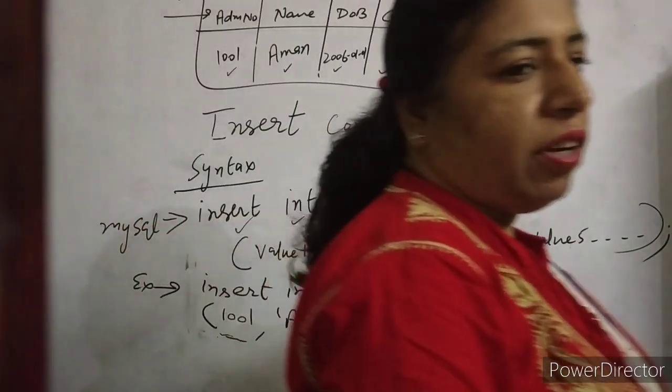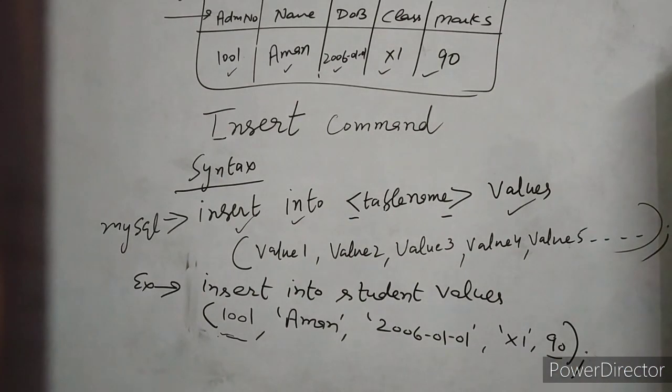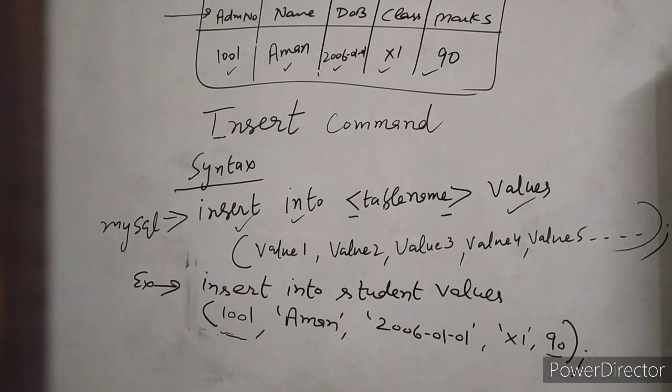Now what is the rule for entering the data? In the create table command, where you have used the char, varchar and date types, enclose those values in single quotes or double quotes. This is the rule for MySQL.